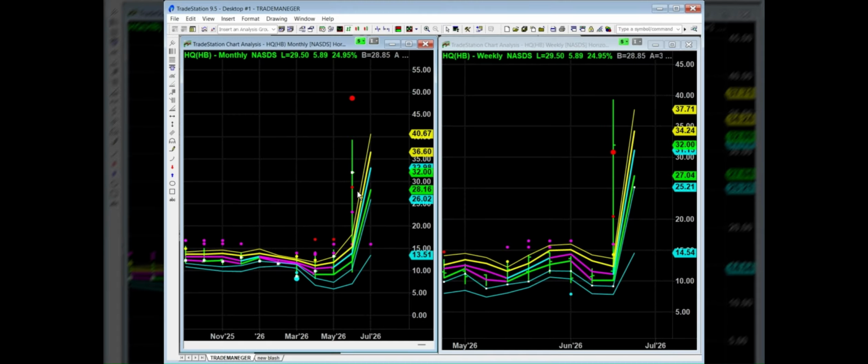But since it's already increased a lot, right now it has a pullback from the peak value around $38, dropped down to $29. The closing of the market is about $29.5. So $29.85 is around this red dot.